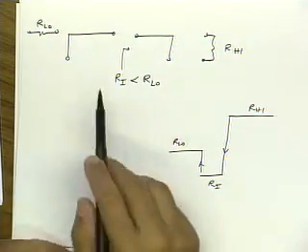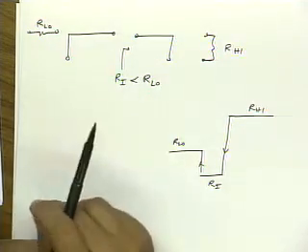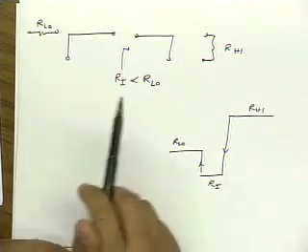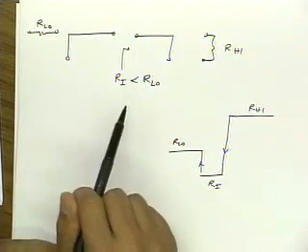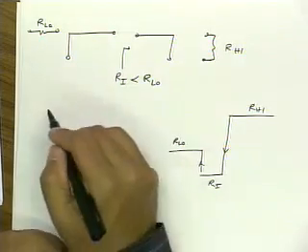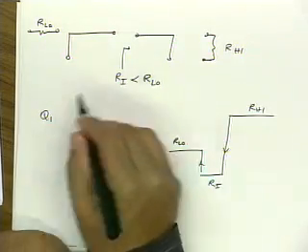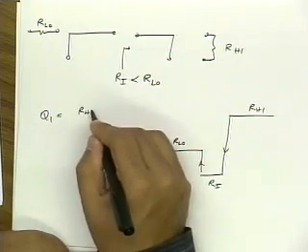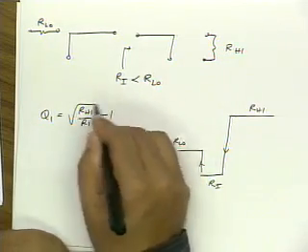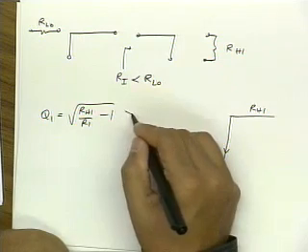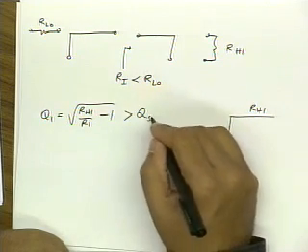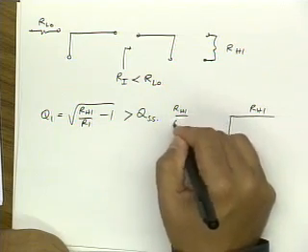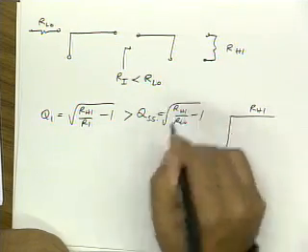Well, for one, it's another degree of freedom, right? Just like before I decoupled the Q from the impedance matching ratio, you might guess that I've also done that here. Because if I look at Q1, the Q of the first stage, it's the square root of R high over Ri minus 1, and this is actually greater than the Q of a single stage, which is the square root of R high over R low minus 1.